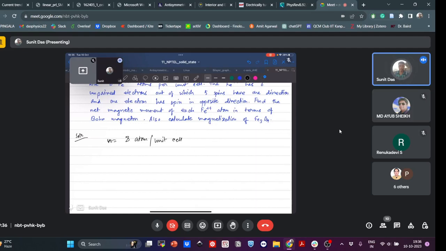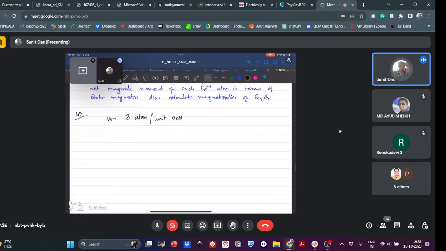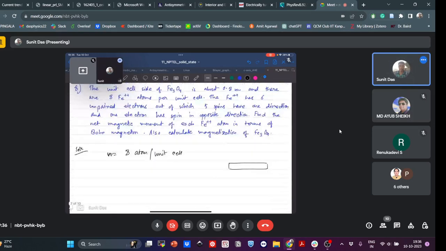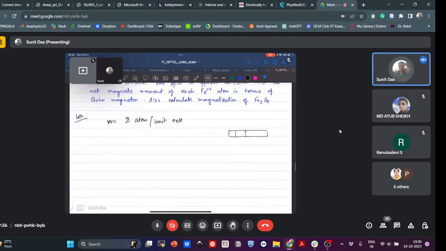So let's denote it by n. And there are 6 unpaired electrons. So let's say there are 5 in the same direction and then 1 in the opposite direction, right? So that means there are 4 electrons which contribute to the magnetization.